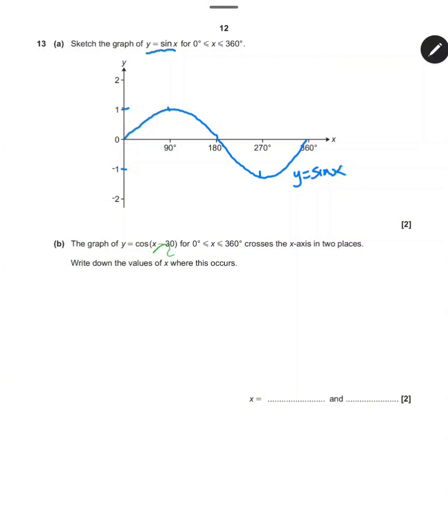Part B is talking about the graph of not y equals cos x, but y equals cos of x minus 30. What I'm going to do first is draw y equals cos x. So y equals cos x looks like, let me just get where I'm aiming for. Something like that. So y equals cos x looks like this.